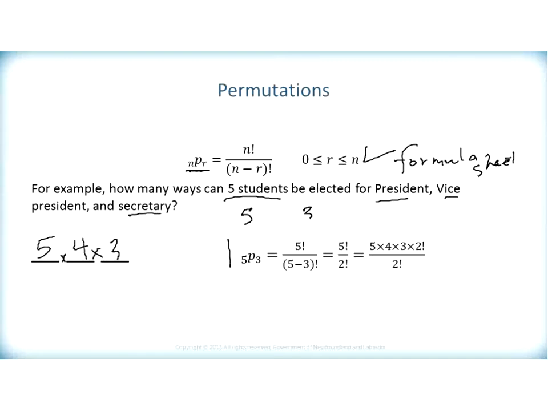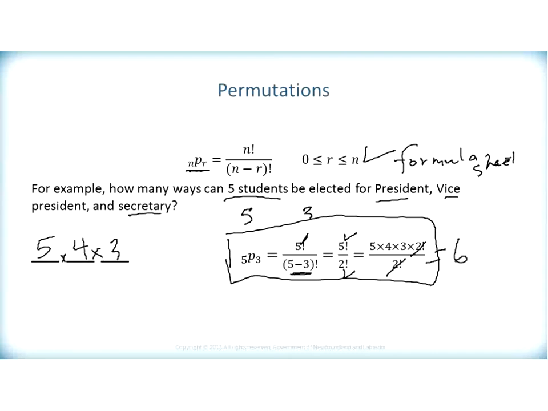We say that it's 5 permute 3. We have 5 factorial over 5 subtract 3 factorial, which is 5 factorial over 2 factorial. And of course, these are common, which is going to leave us with 60 options.